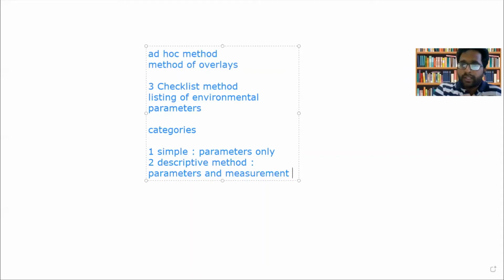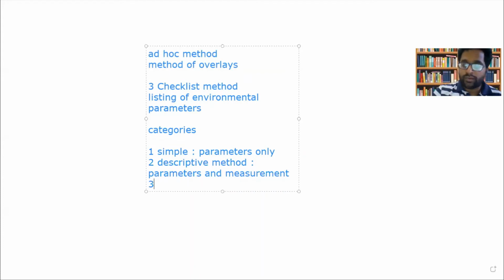Whereas in descriptive method, we list out the parameter known as air pollution and how much air pollution is happening. A measurement is done. What is the amount of air pollution happening? So the second one is descriptive method where parameters are being measured also.